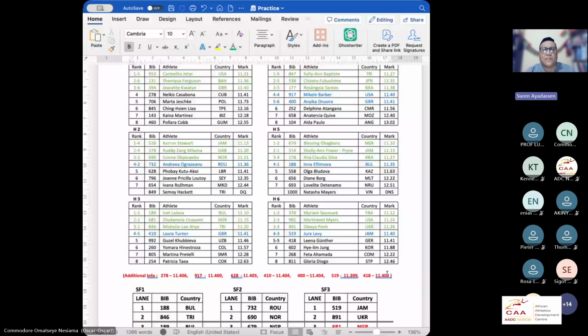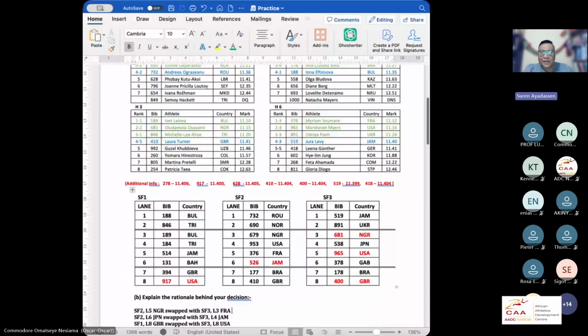This rule has not changed. The middle one has not changed. So you place your athletes. The first exercise you need to do is to place the athletes in the lanes there. So you place all your athletes in the lanes 3, 4, 5, 6, and you put them in the 3 groups. Then you do the 2 and 7. Then you do the 1 and 8, as Oscar has explained very well.